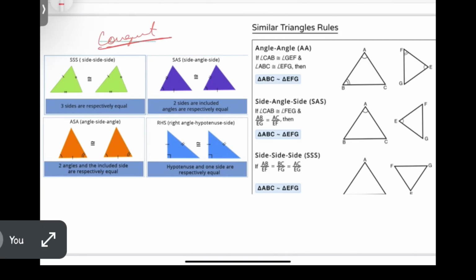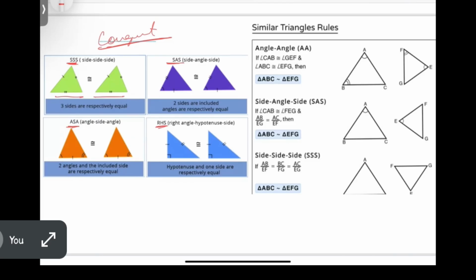We say that two triangles are congruent by side-side-side, side-angle-side, angle-side-angle, and right angle-hypotenuse-side. Which simply means if all the sides are the same in two triangles, then we say these two triangles are congruent.